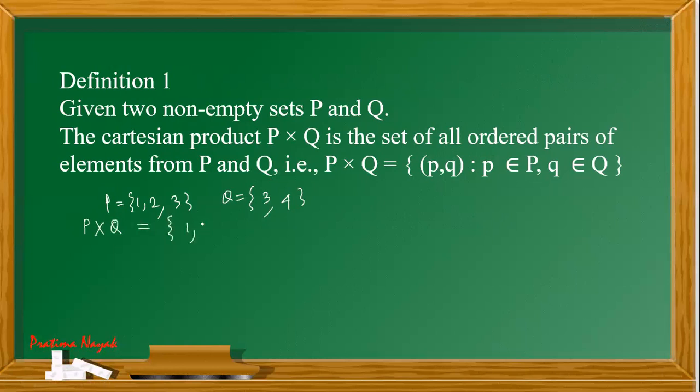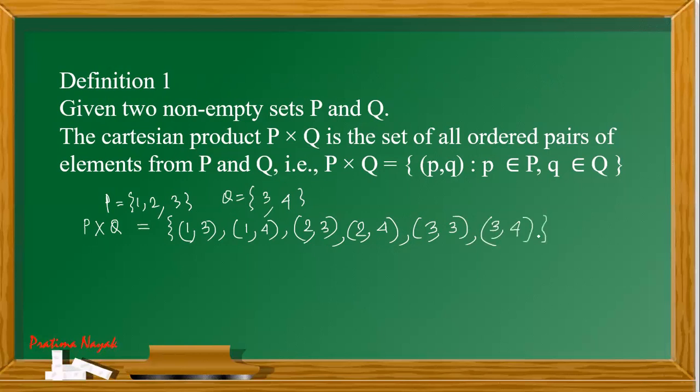First taking 1 and 3 pairing, next 1 and 4 pairing, next 2, 3 pairing, 2, 4 pairing, 3, 3 pairing, and 3, 4 pairing. So this is your Cartesian product of P and Q.